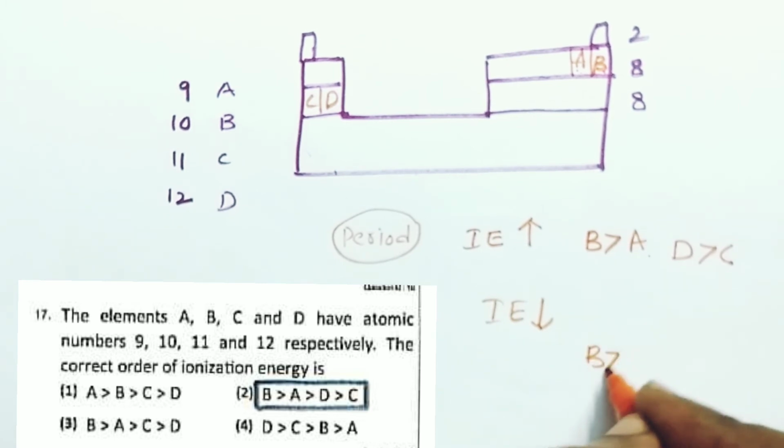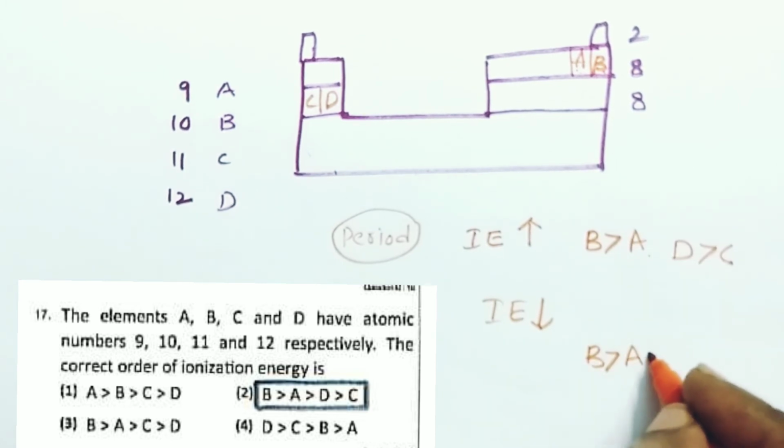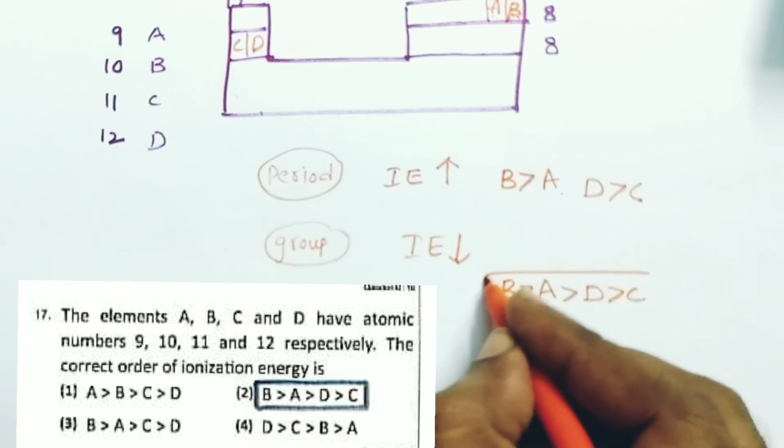So that's why we can write it as B is greater than A, greater than D, greater than C. This is the answer.